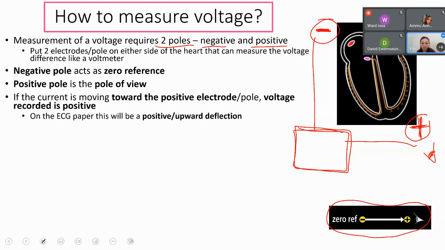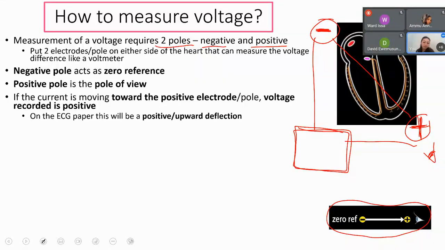So I'm just going to draw a line here to complete the circuit. If the current is moving towards the positive pole or electrode, the voltage recorded is positive. And on the ECG paper, this would be a positive or upward deflection.